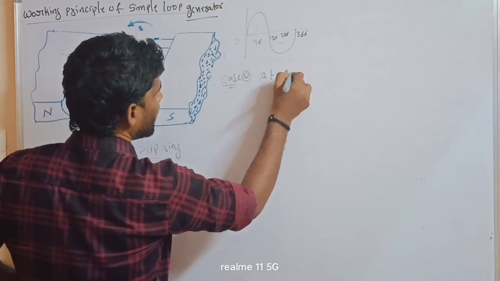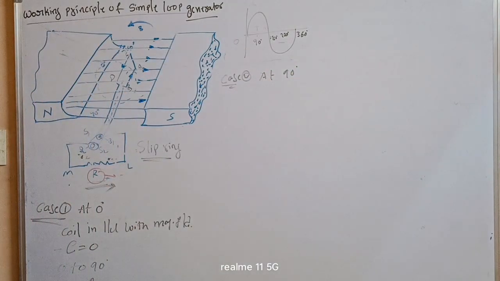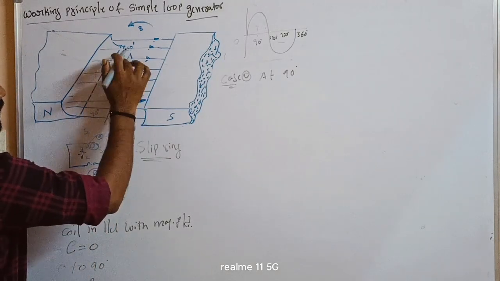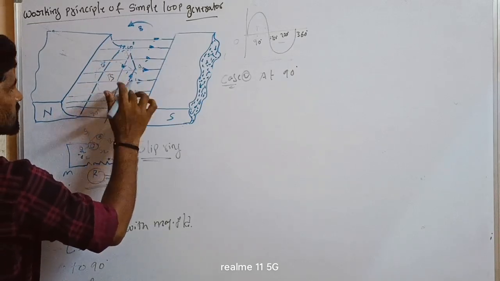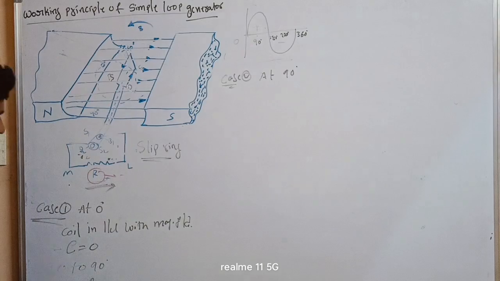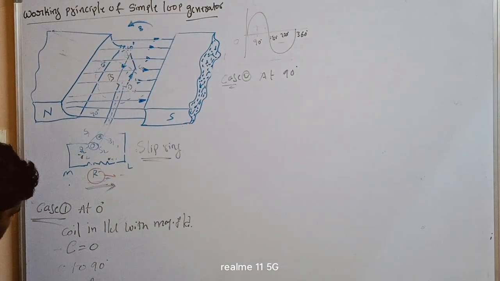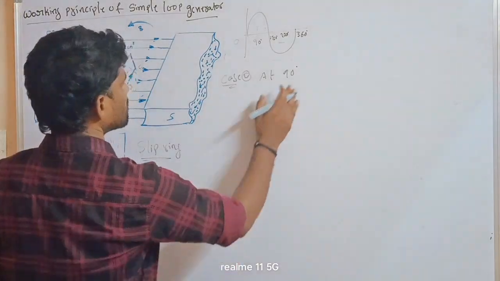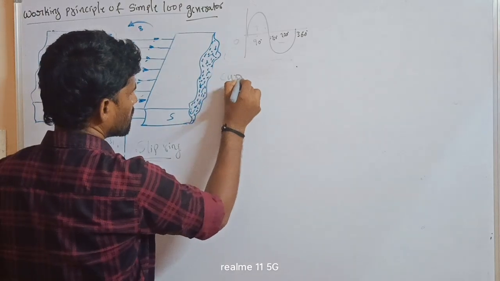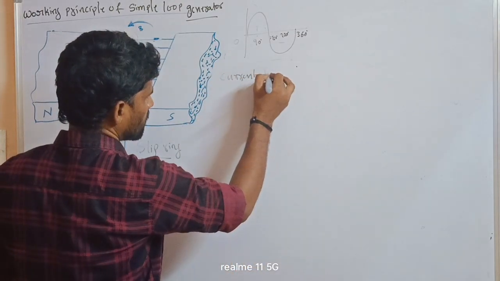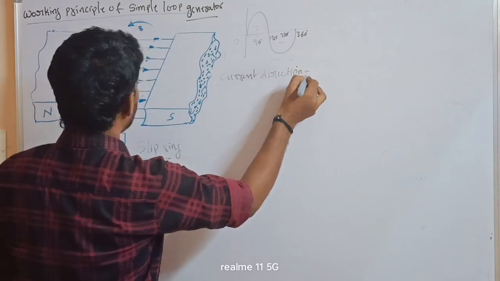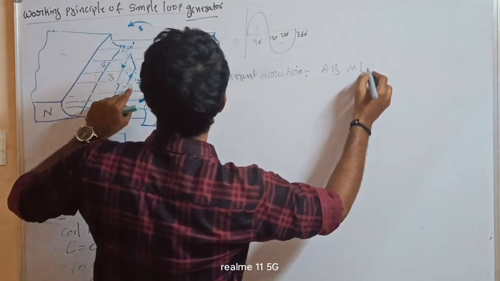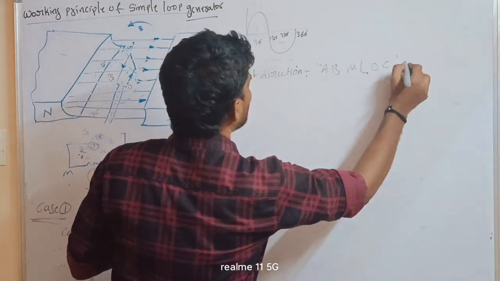At 90 degrees. See here, for case 1, we take the current direction. The current flows through the loop A, B, C, D. The current direction is A, B, M, L, D, C. That is the current direction in the loop.